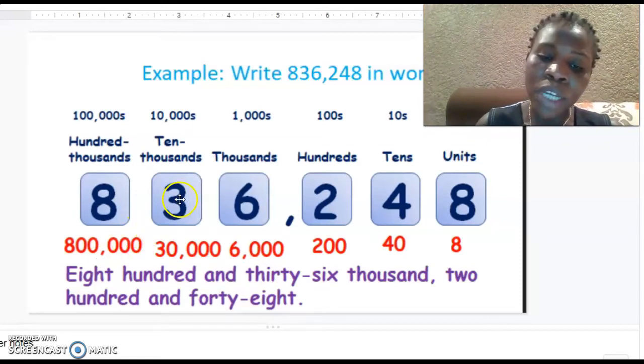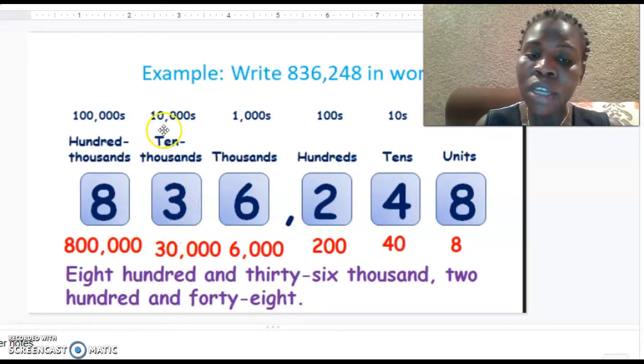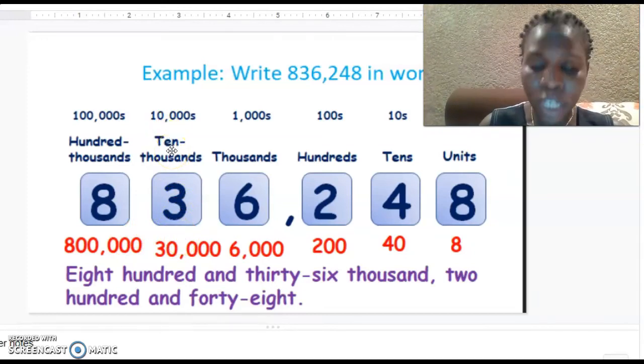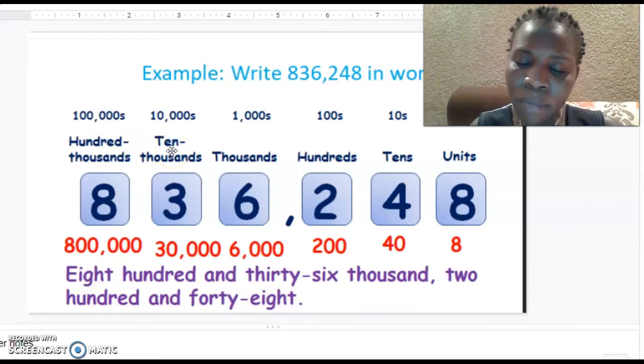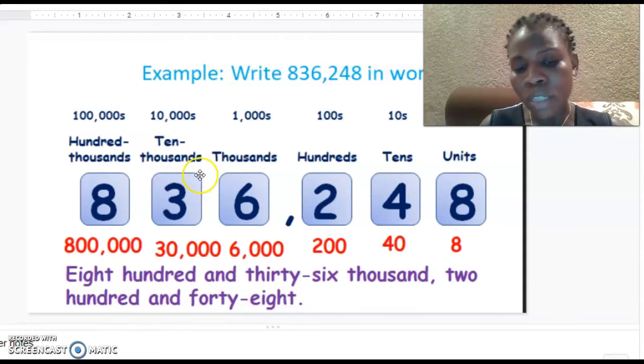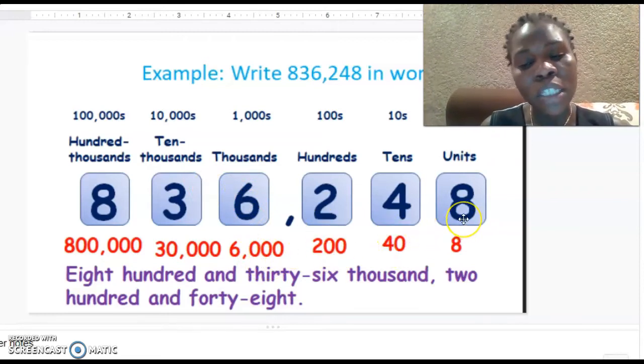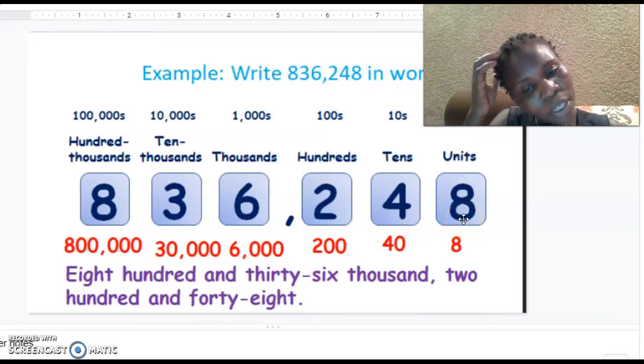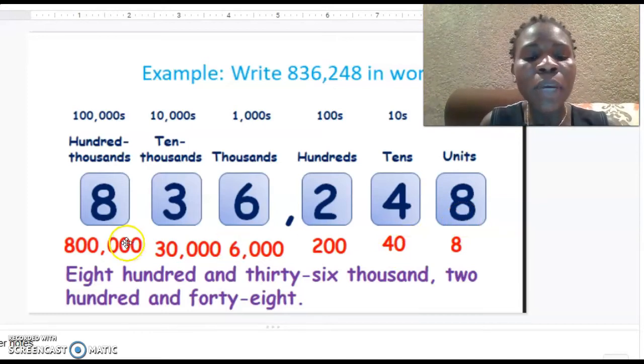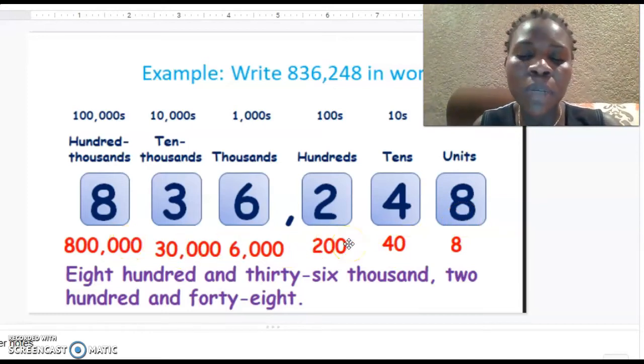The value of 3 becomes 30,000 because 3 is under the place value of 10,000. 6 is 6,000, 2 is 200, 4 is 40, and 8 units become just 8. And this is what we call the expanded form.